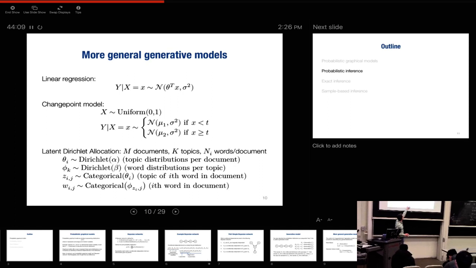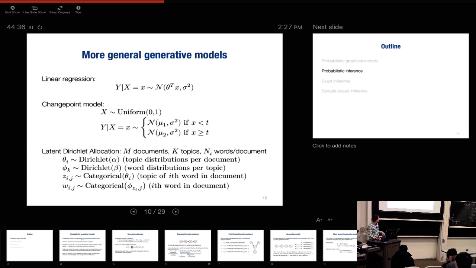ZIJ is the topic of the ith word in the jth document, and then this one is categorical with that distribution. Again, I don't want to dwell too much on this particular example because it's almost incidental, but I do want to emphasize that these things are really used in pretty complex models.